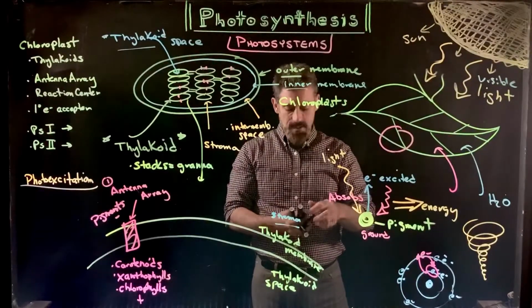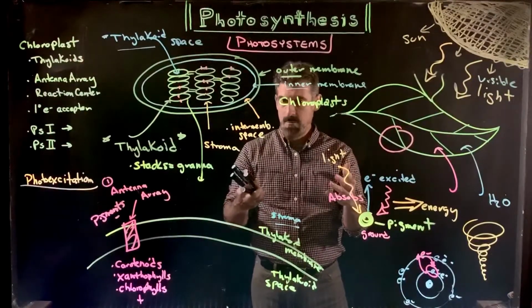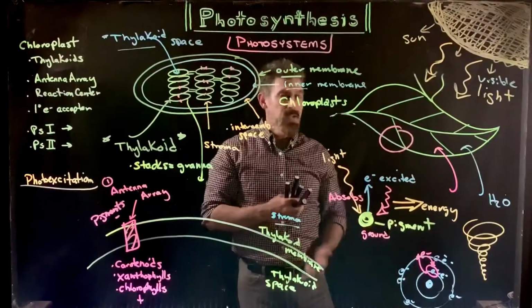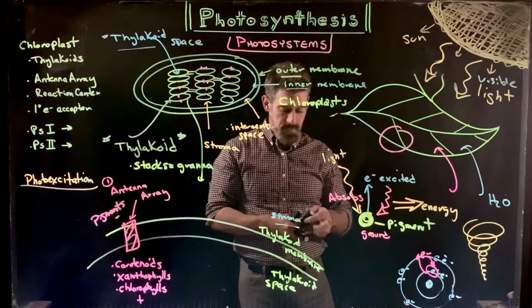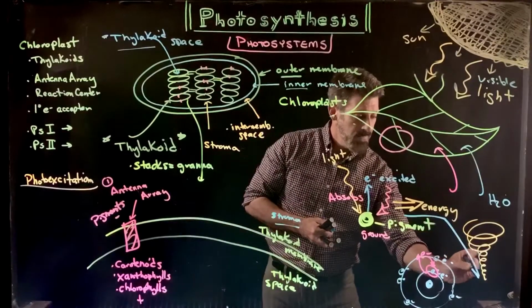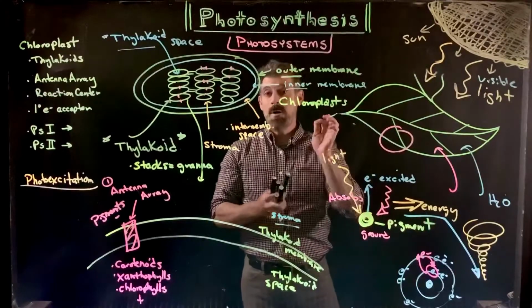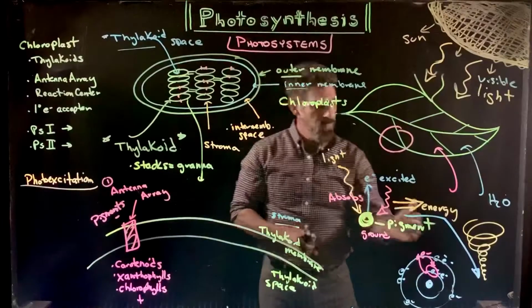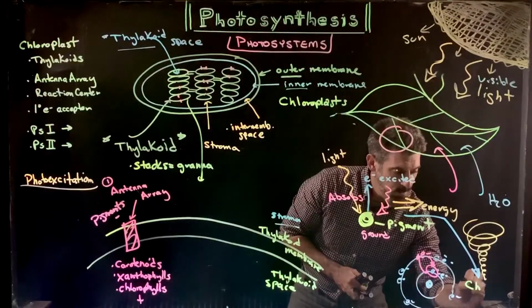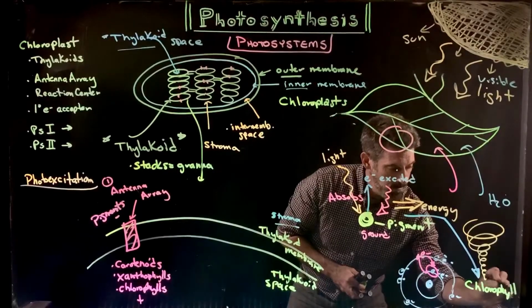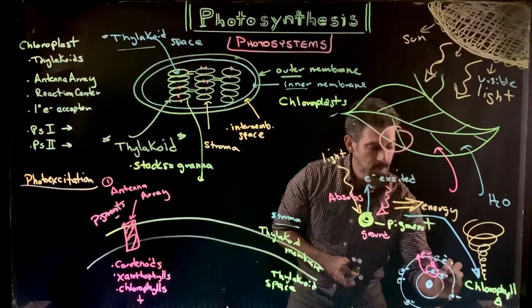And there's all these pigments that are part of the antenna array, ones that are absorbing red wavelengths of light and blue wavelengths of light and yellow wavelengths of light and so on. And they're all channeling this energy down to a particular pigment molecule. A particular pigment molecule that is a chlorophyll A molecule.